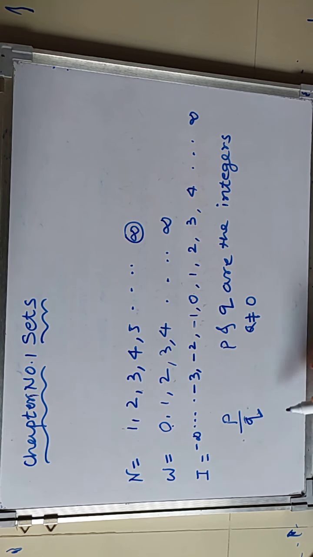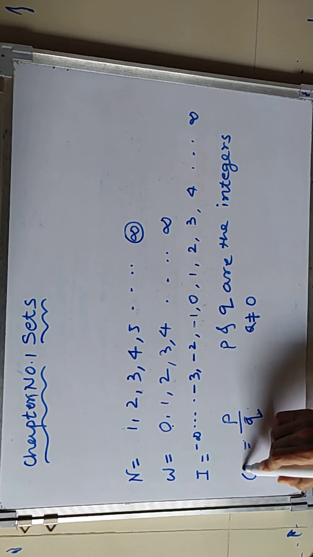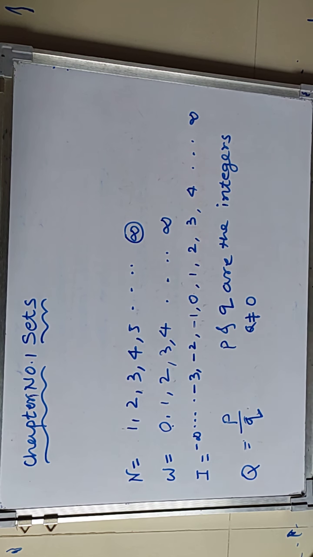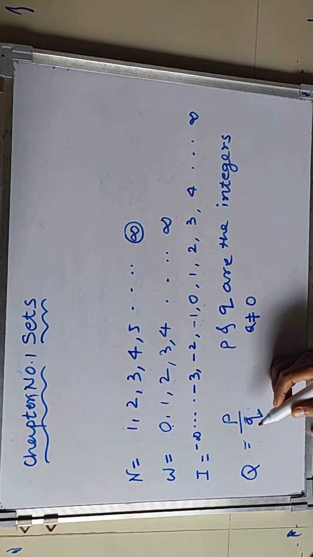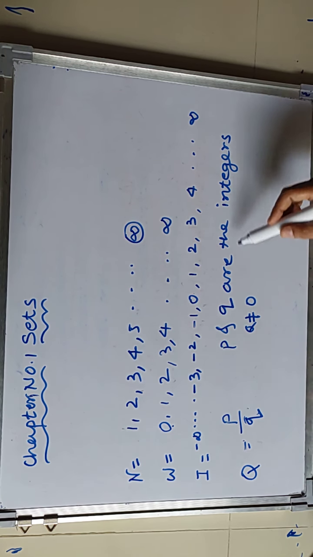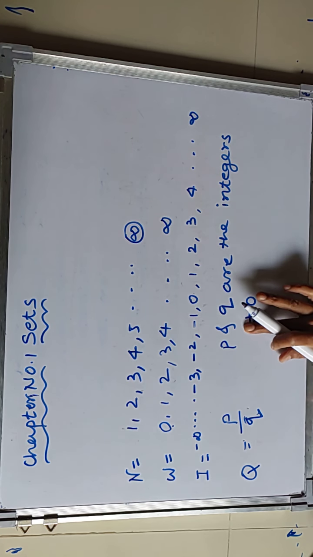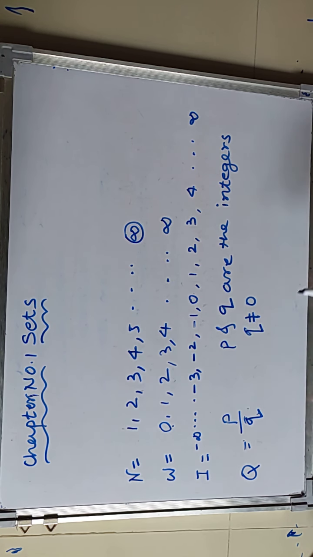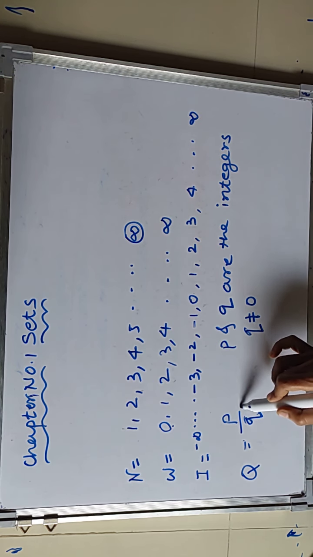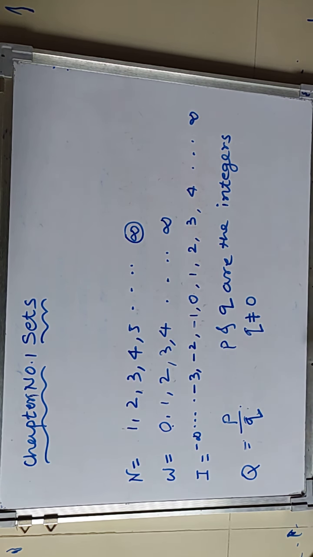For rational numbers we write Q. It means the numbers in the form of p upon q where p and q are integers and q does not equal 0. Then the form is said to be rational numbers.